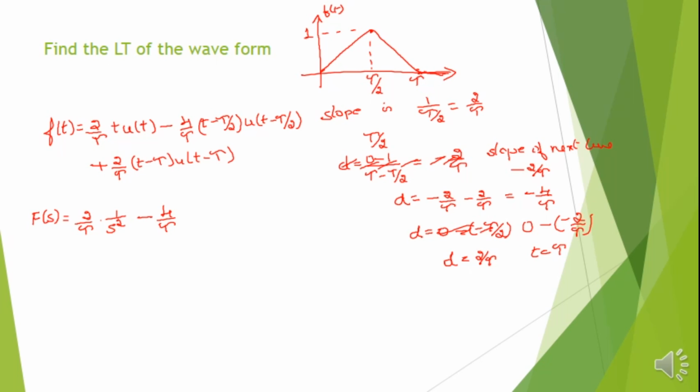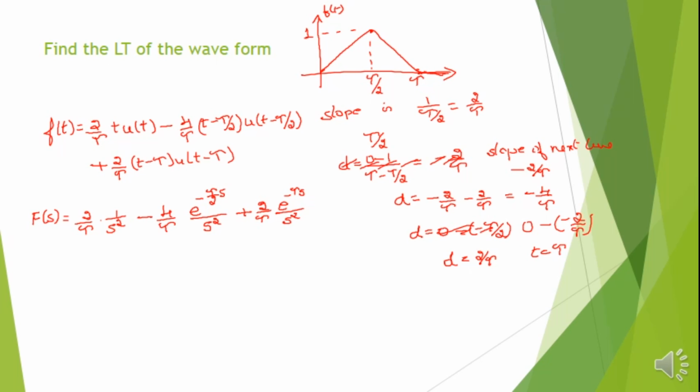What happens to this? e to the power minus tau by 2 s divided by s square, plus 2 by tau e to the power minus tau s by s square.